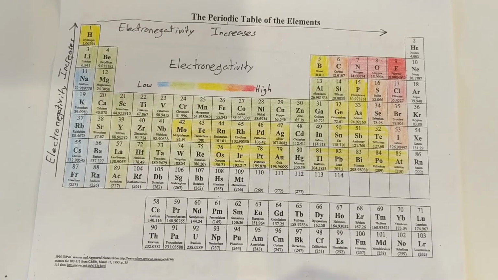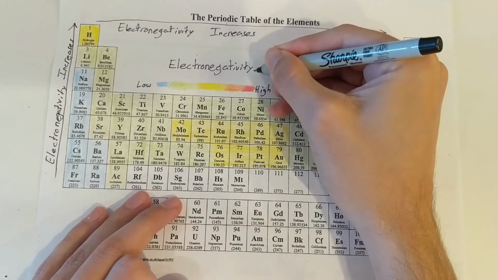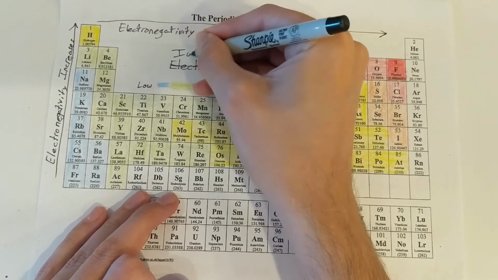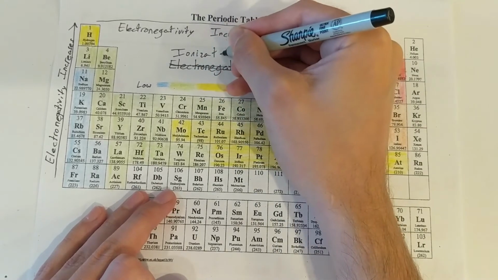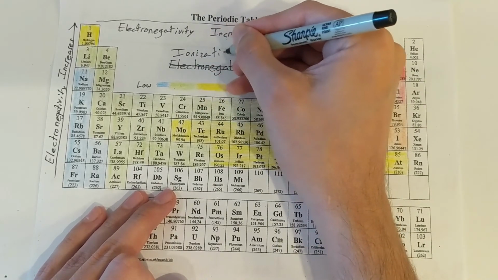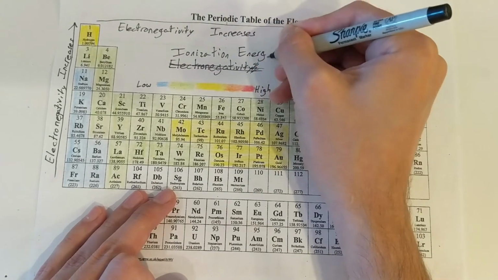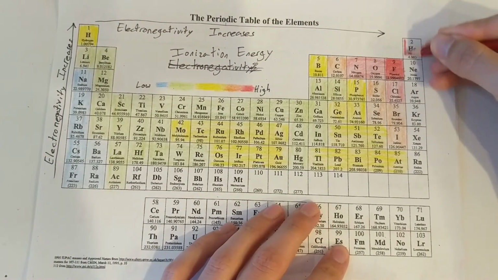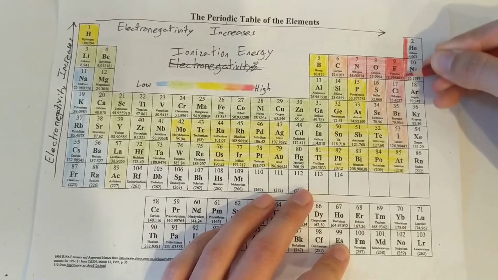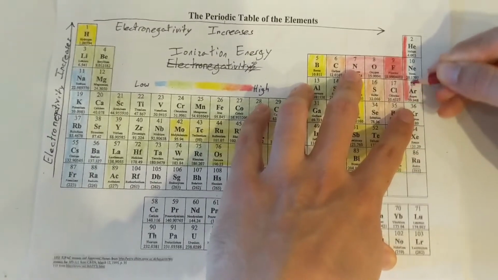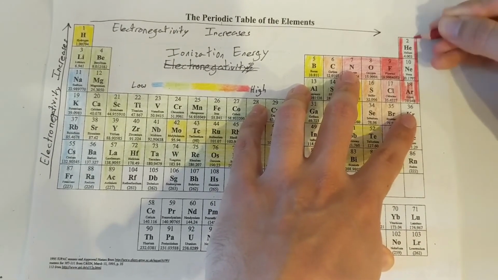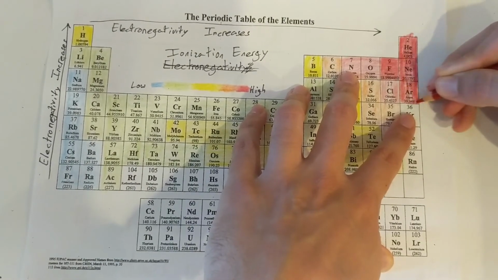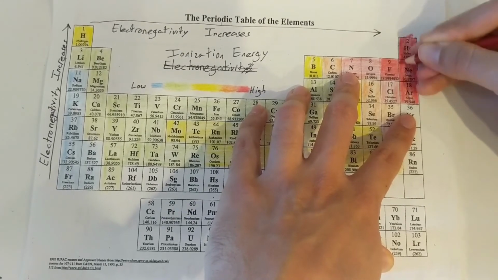So if we wanted to draw ionization energy, I'm going to now include ionization energy here. We're going to cross out electronegativity. We're only going to have ionization energy now. The only difference is we include our noble gases. And you can see our noble gases have our highest ionization energy.